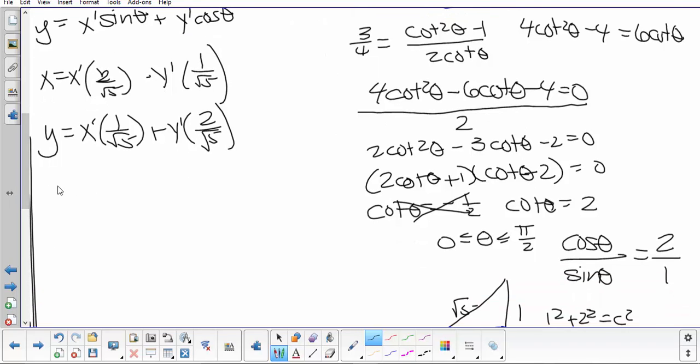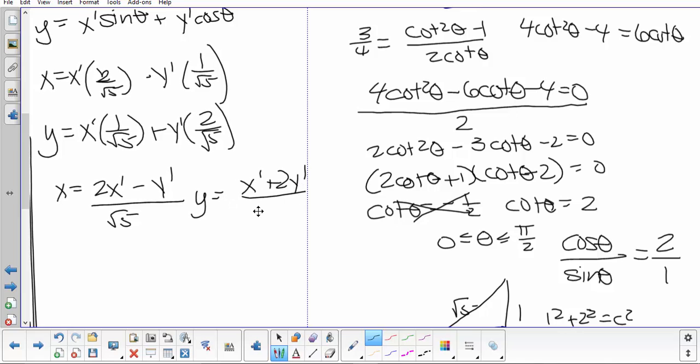Simplifying these, we get x equals 2x prime minus y prime over root 5. y equals x prime plus 2y prime over root 5. I'm just going to highlight these so I can find them later.